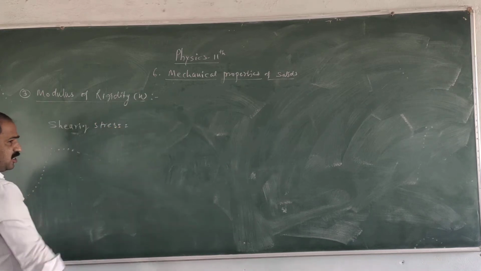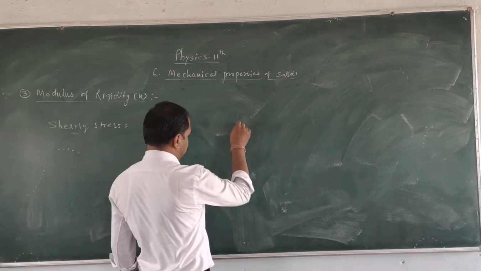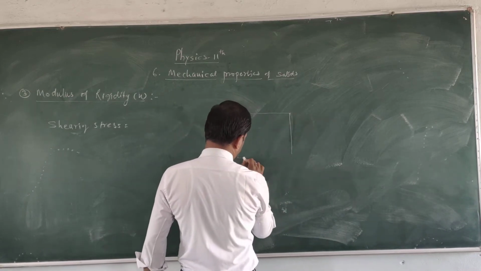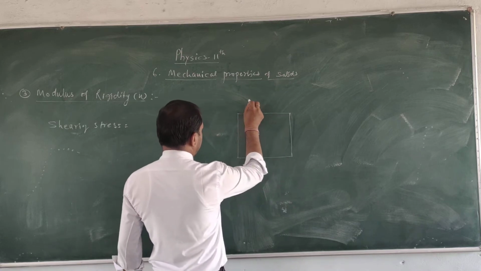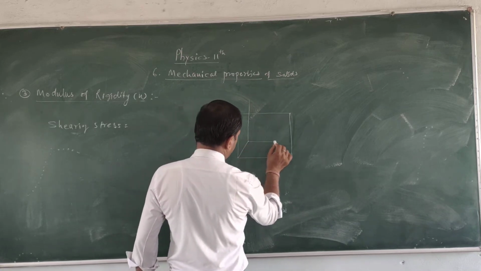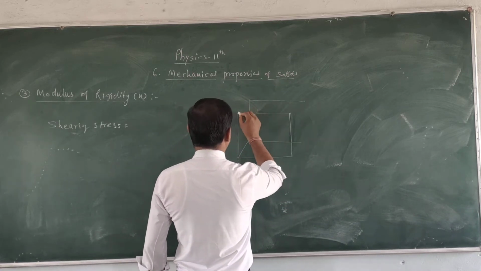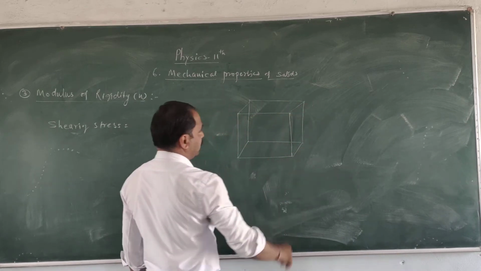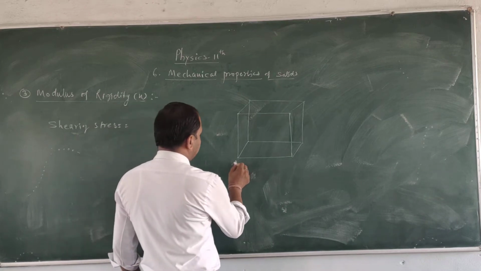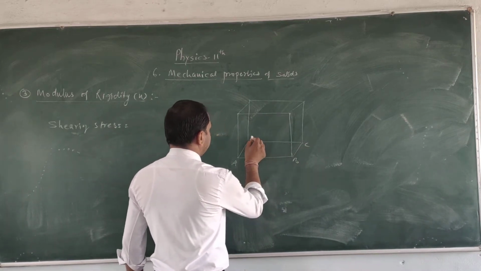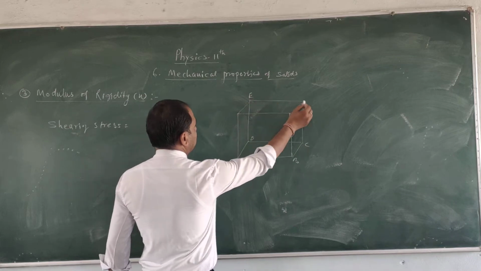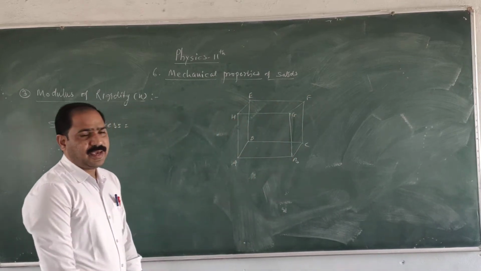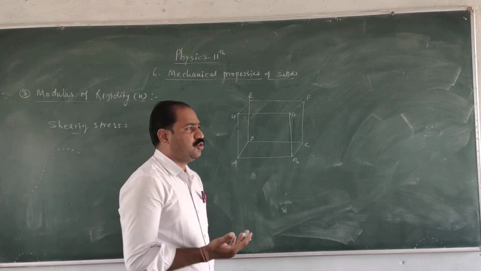Suppose here is a cube and we apply a force tangentially at the upper face of the cube. Then the shape of the cube will change to a parallelepiped. This is the base of the cube, A, B, C, D, E, F, G, H is the cube.